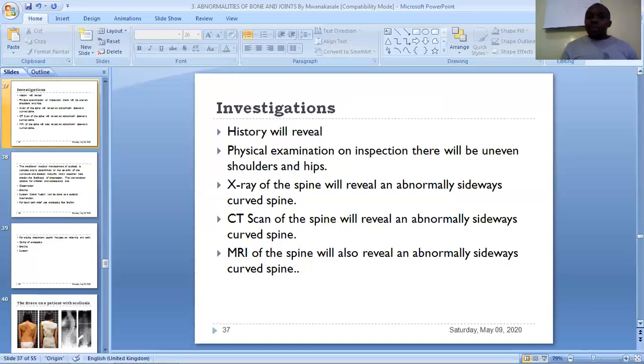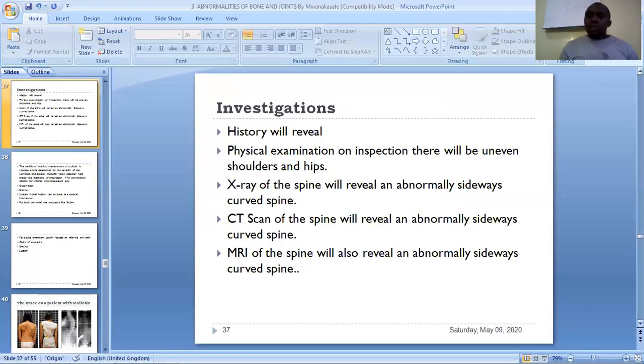You can go further, do an X-ray of the spine, which will reveal an abnormally sideways curved spine. You can go further and do a computed tomography, which is a CT scan, which will also reveal an abnormally sideways curved spine.